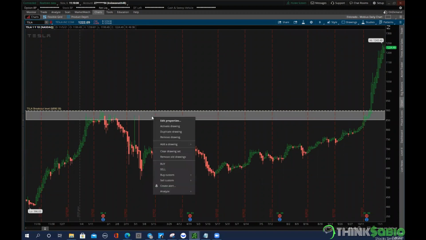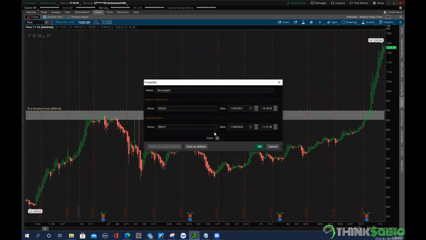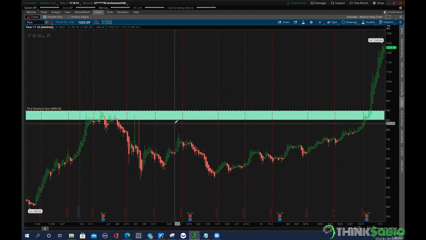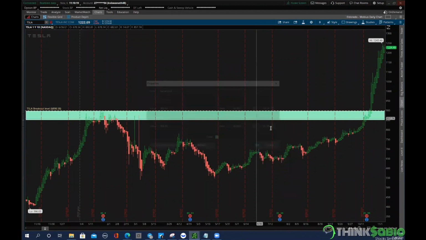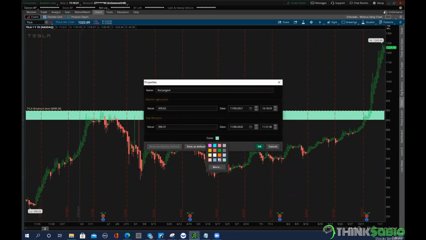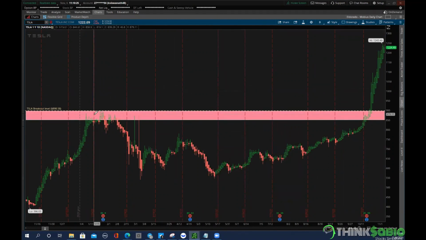And then I will go to edit properties. I'll just change the color to green, just so I know once it's crossed. I should actually do it as red because that's resistance, right? So let's do this. Okay, so this is resistance.